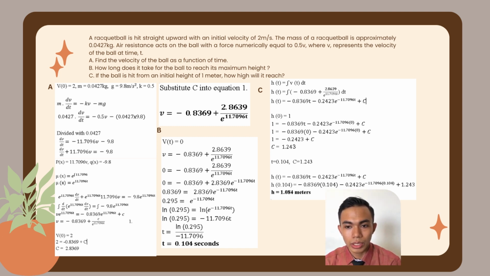We know that v(t) equal to 0, so we substitute v equal to 0 into the equation, and we get t is 0.104 seconds.